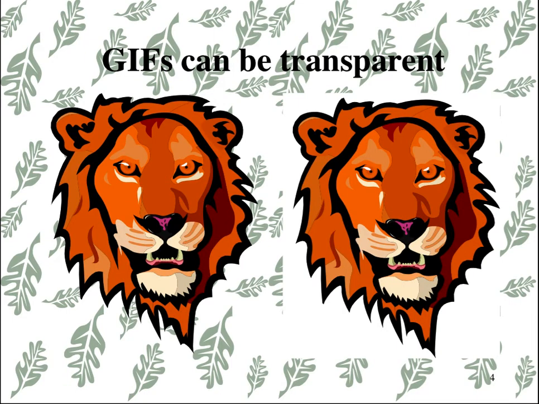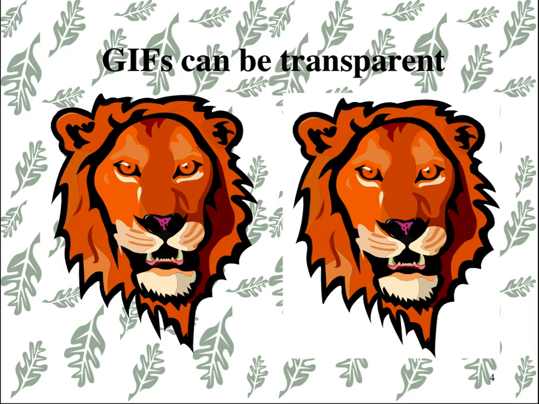Now, GIFs can support transparency. So one of the values in the lookup table can basically say transparent, which means you can see through it. So that can be useful in certain situations. Back when people made hideous web pages, it was often very popular to have a background image on a web page rather than just a plain color.